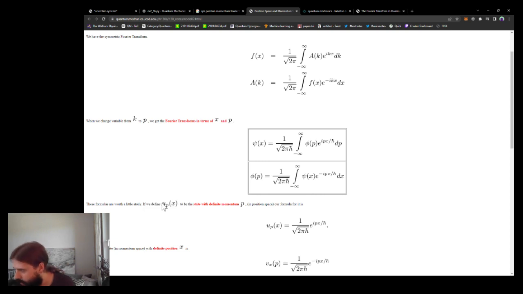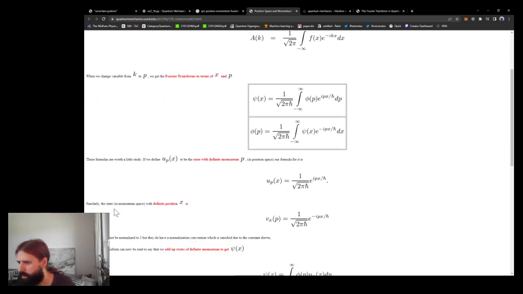If we define U_p(x) to be the state with definite momentum p, in position space, our formula is similar to the state in momentum space with definite position x. What is the difference? Oh, the sign.